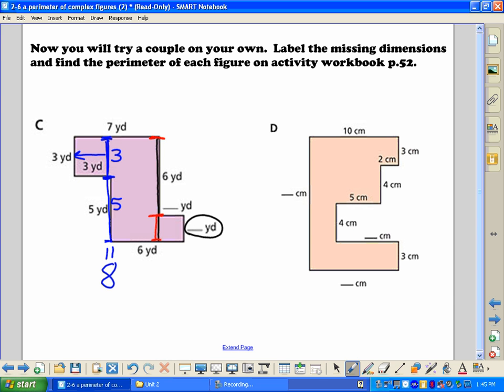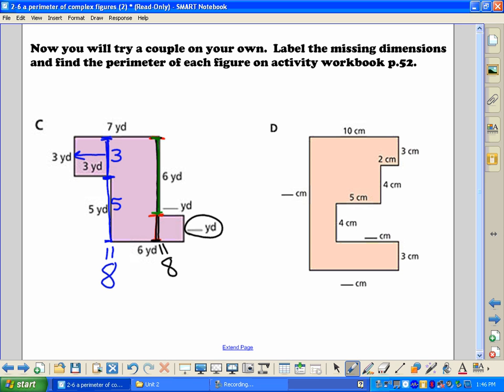Okay. What do I know about my black line? From here to here, it is how much? From the top to the bottom, it is 8. How much of my black line do I already know? From here to here is 6.